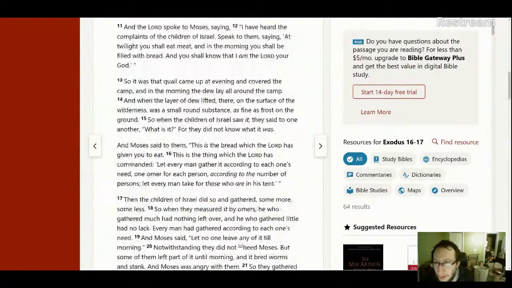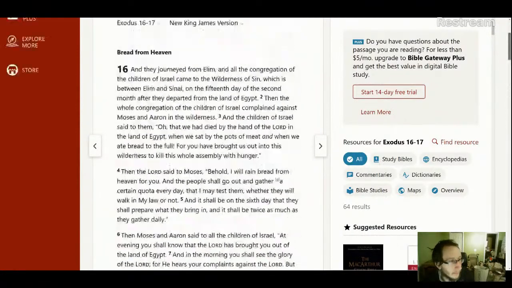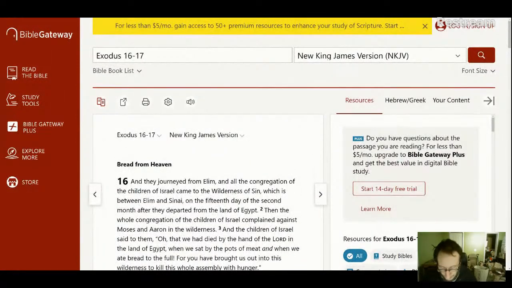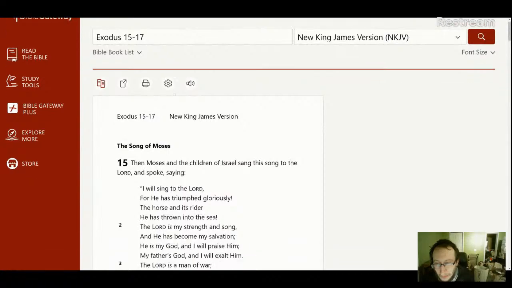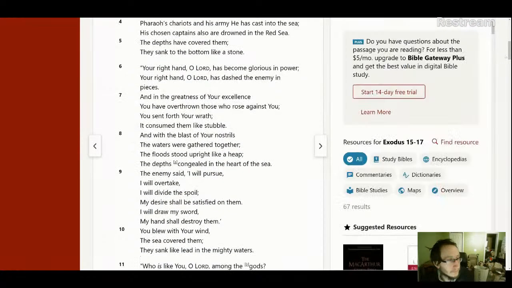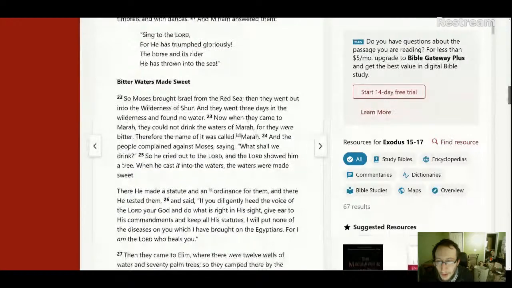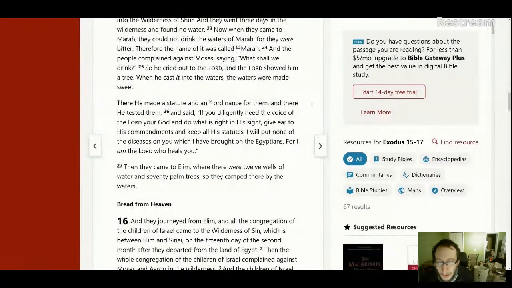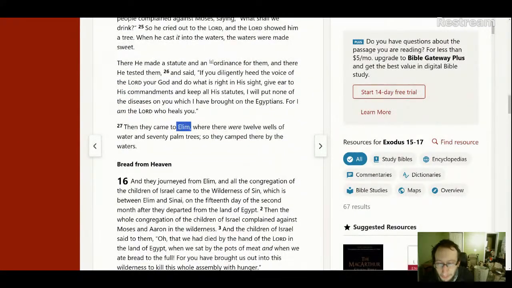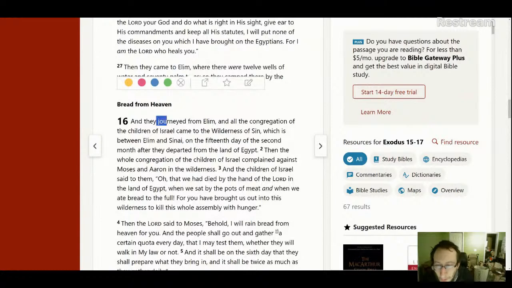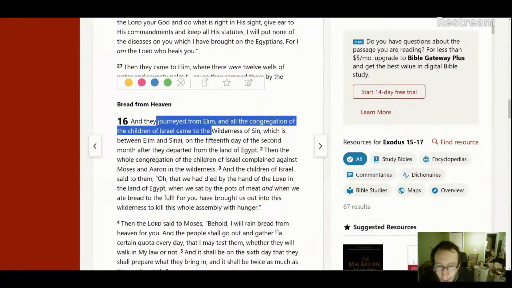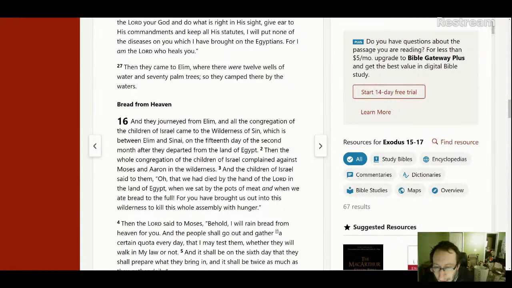So we have Exodus 15, the Song of Miriam. Okay, now they came to Elim. They journeyed from Elim, and all the congregation of the children of Israel came to the wilderness of Sin, which is between Elim and Sinai. That is exactly what Jubilees just said.